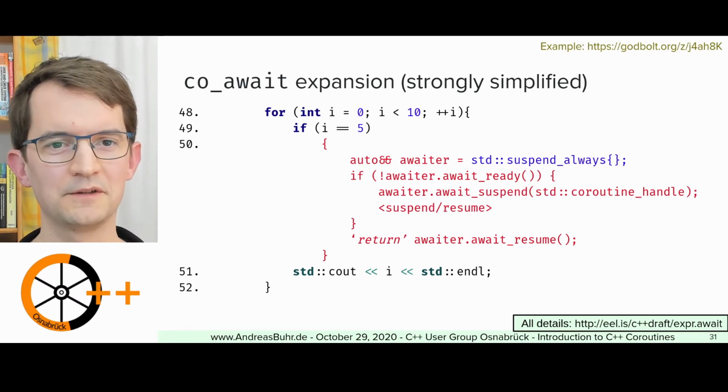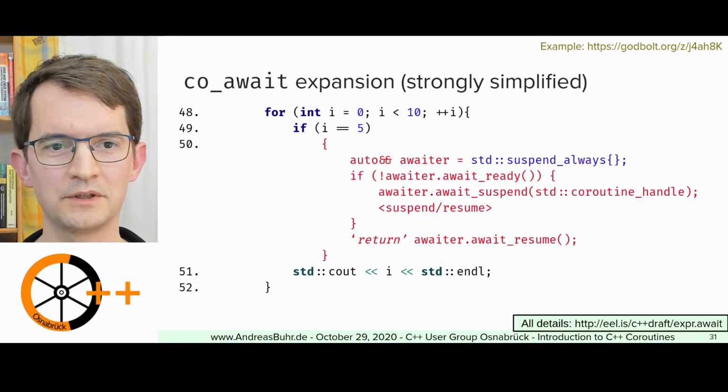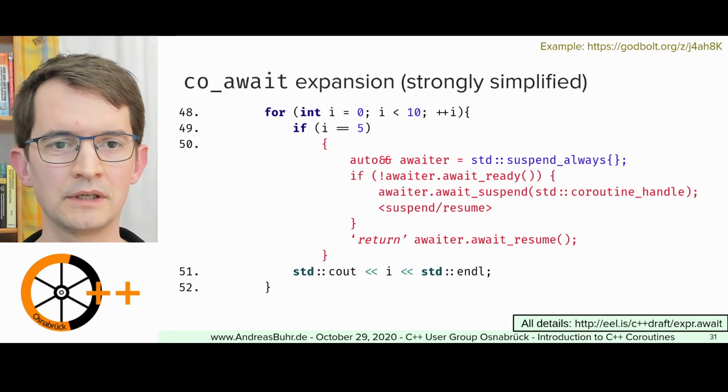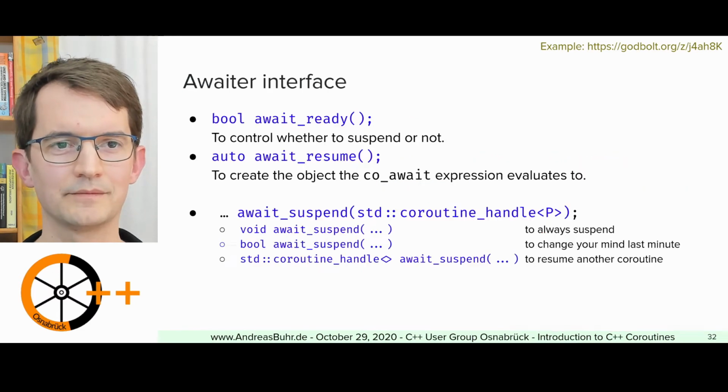Now if await_ready says false, so we are not ready, then awaiter.await_suspend is called. It is given a coroutine handle object representing the currently running coroutine, and afterwards the coroutine is suspended, control goes back to the caller.